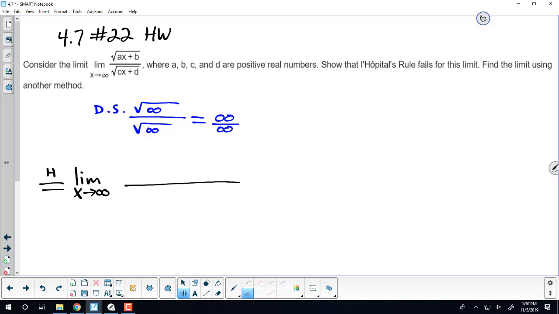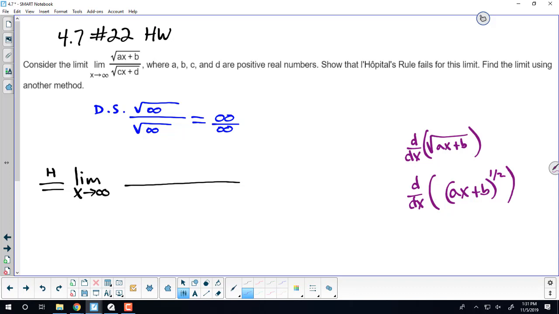What is the derivative of the square root of ax plus b with respect to x? We want to think of that as the derivative of the quantity ax plus b to the power of 1/2.